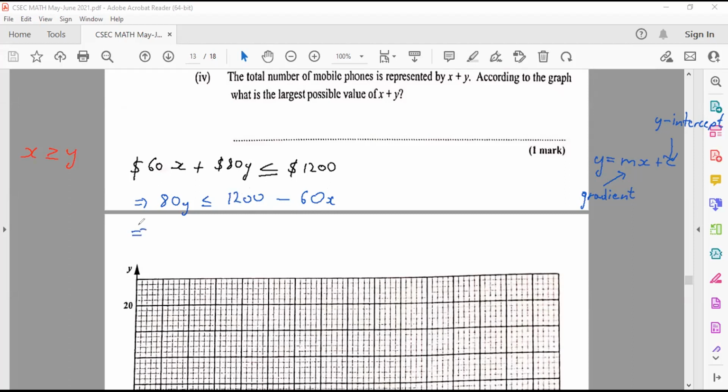Which also implies that y is equal to 1200 minus 60x divided by 80. All right, we're almost in the form y equal to mx plus c. I have two numerators with a common denominator.